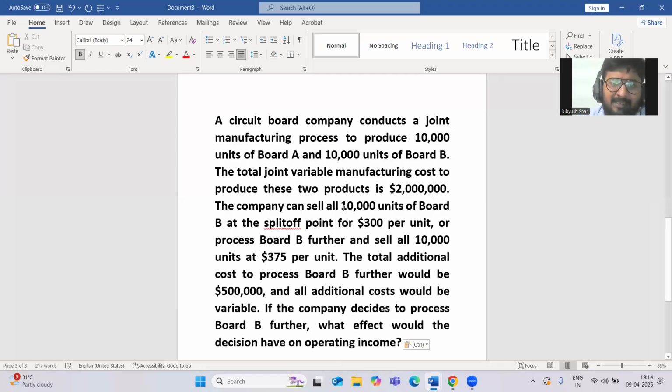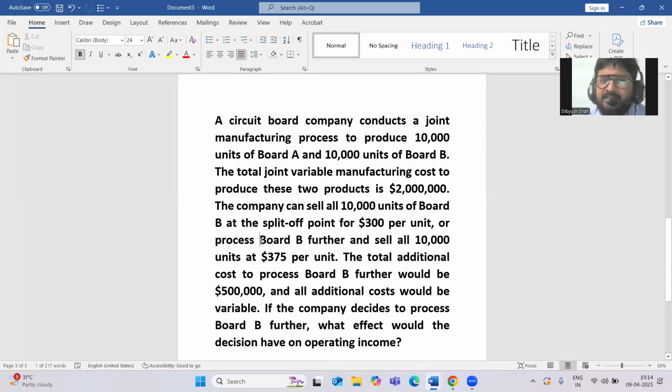The company can sell all 10,000 units of board B at the split off point. So the company has an option. It can sell all the 10,000 units of board B at the split off point only, and what will they charge? $300 per unit. Or they have an option.